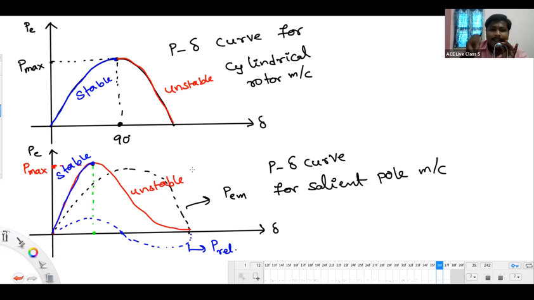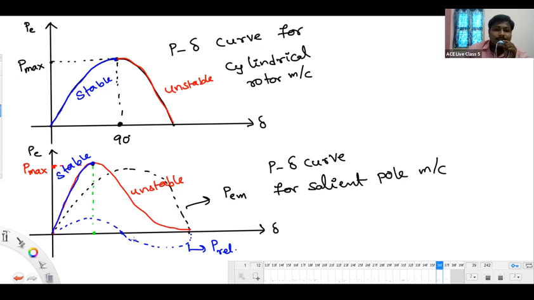Listen kindly, all of you. At a low angle, I will say 30 degrees, or else 20 degrees, at lower angles, which machine will have more stability? Is it the salient pole machine or the cylindrical rotor machine? At low angles, maybe the 30 degree point, which machine will have more stability?